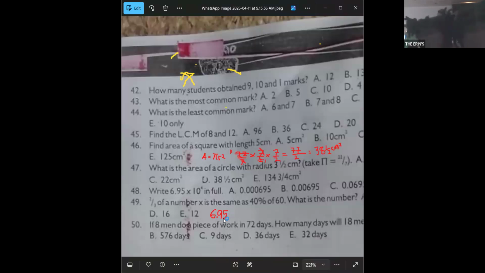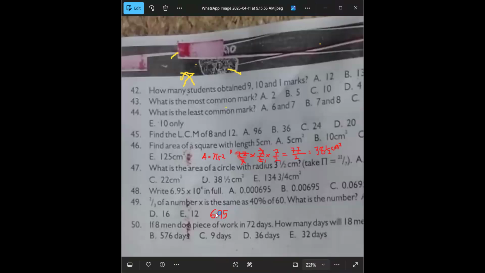Since it says any number like this, we should multiply it by 4. So this one is here, 1, 2, 3, 4.